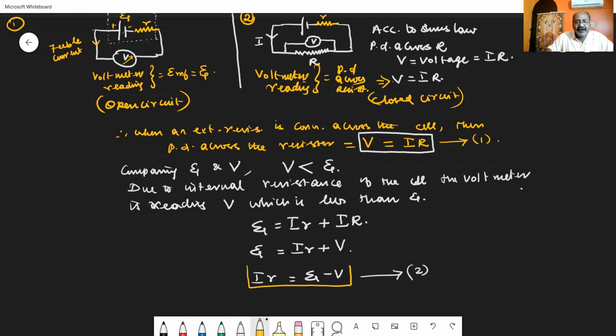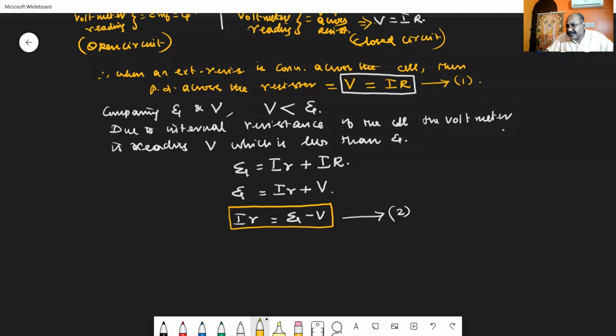So we have calculated two equations, equation 1 and equation 2, from which we can determine the value of internal resistance. You get equation 2 divided by equation 1. What is equation 2? It is I into small r, divided by equation 1.